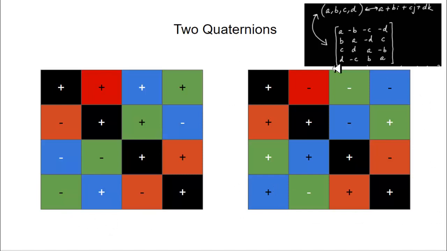But this is the one that is most popular. This is the one that pops up when I do a search for the matrix version of quaternions. Here's a blackboard sketch of it, and you can see that the pattern is just a little bit different.